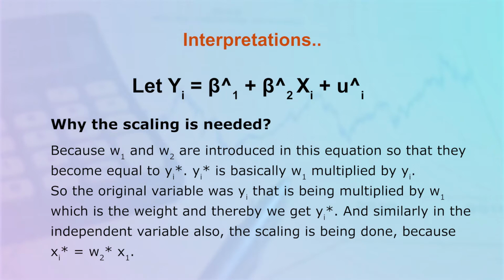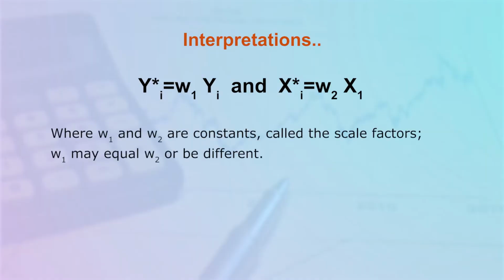Similarly, in the independent variable also, the scaling is done because xi star is equal to W2 into xi. So xi was the original independent variable, the weight is W2, which is multiplied by xi, and we get xi star. So this W1 and W2 are basically constants, and they are the scaling factors.